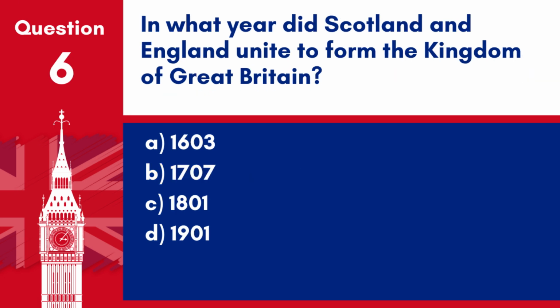Question 6. In what year did Scotland and England unite to form the Kingdom of Great Britain? A. 1603, B. 1707, C. 1801, D. 1901.